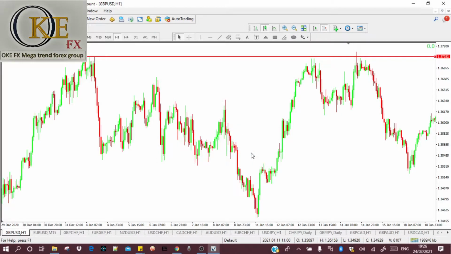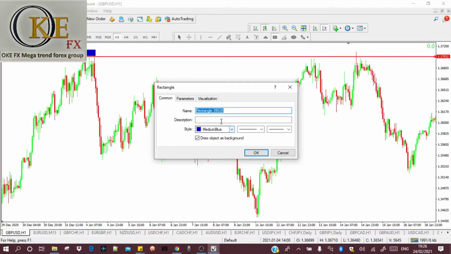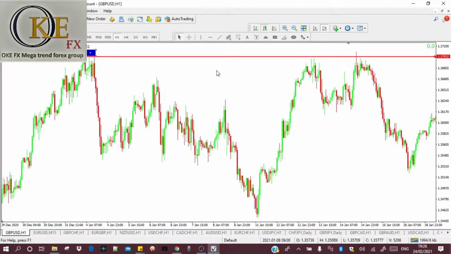What did you notice here? You can notice point A. Let me label it for you so you understand what I'm talking about. Let me use R1, as in resistance 1. Then I can copy.